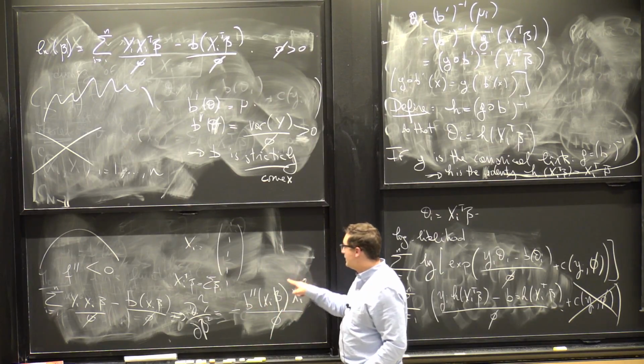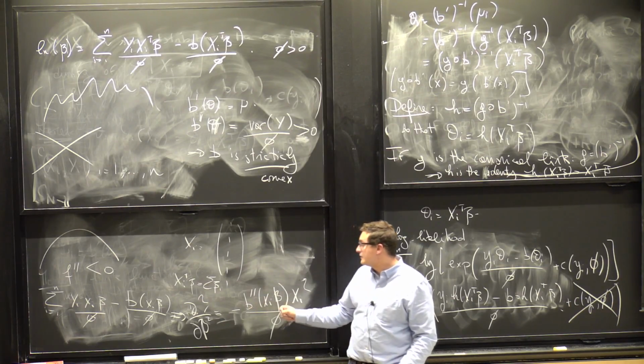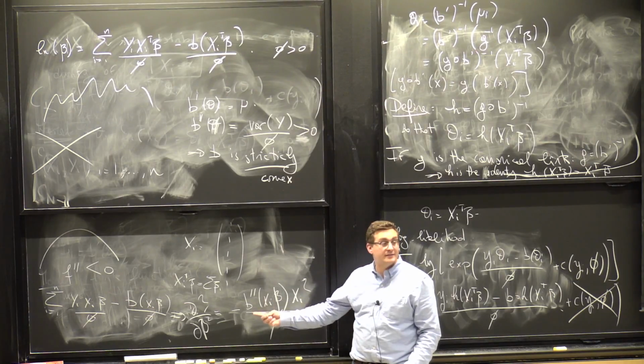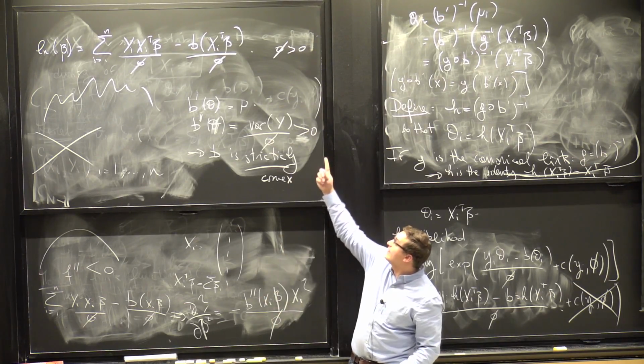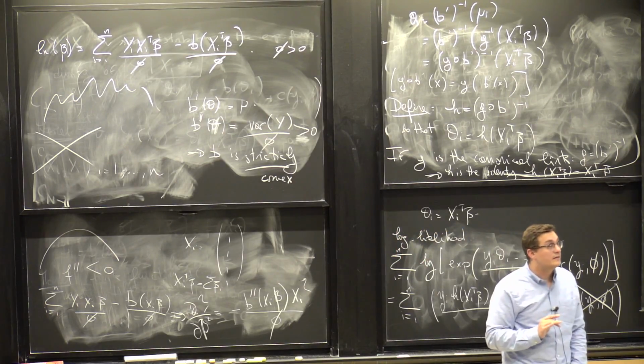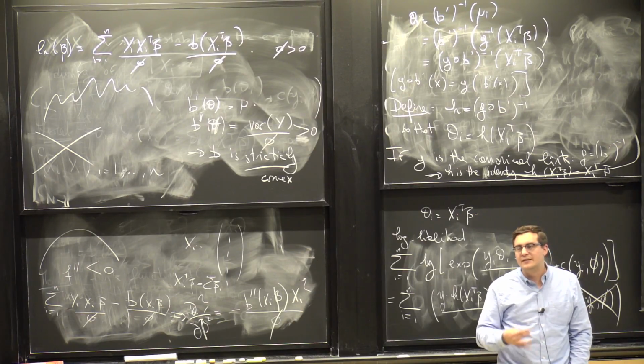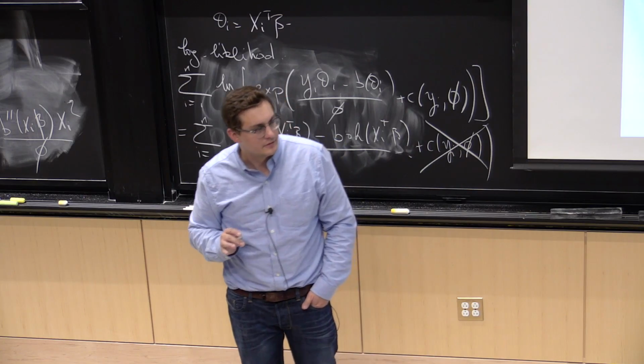So this is clearly positive. That's where, if xi is 0, this is degenerate, so I would not get it. Then I have the second derivative of b, which I know is positive because of the variance thing, divided by phi. And so that would all be fine. That's for one dimension. If I wanted to do this in higher dimensions, I would have to say that the Hessian is a positive definite matrix. And that's maybe a bit beyond what this course is.